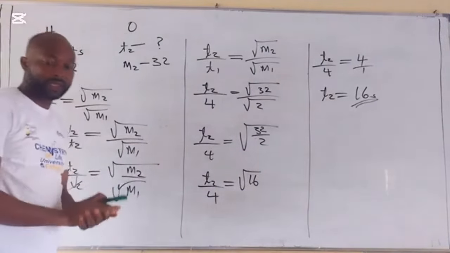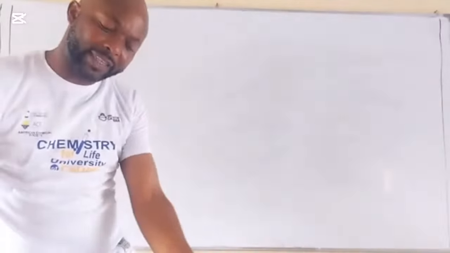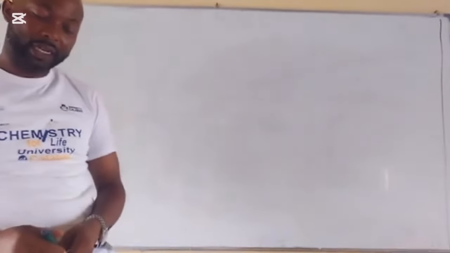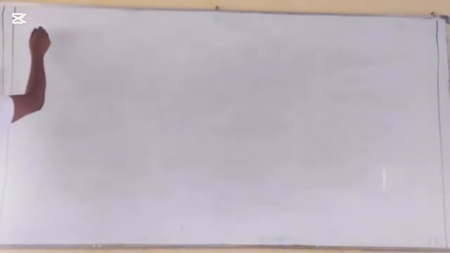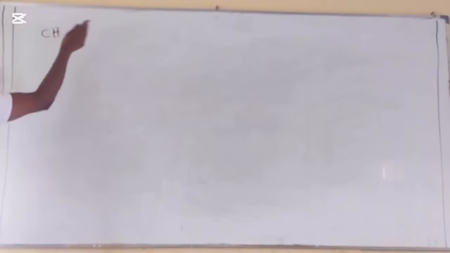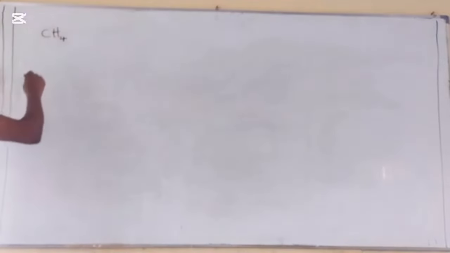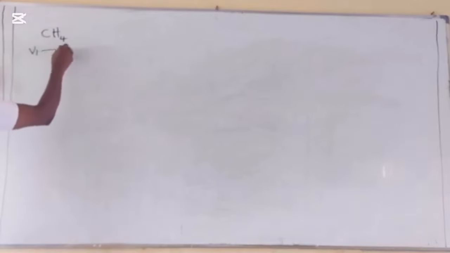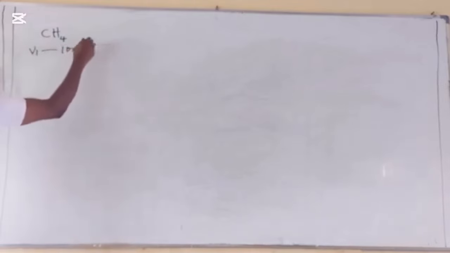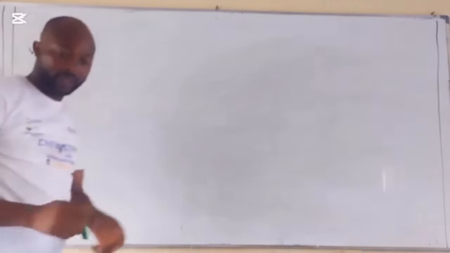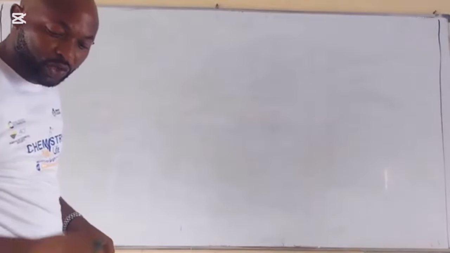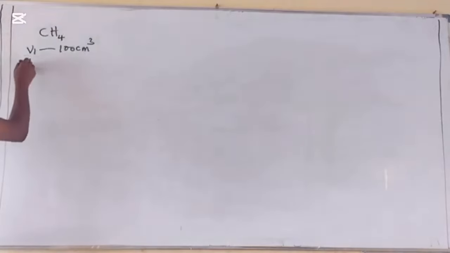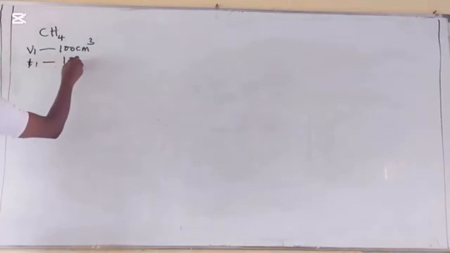So that is that. Next: if 100 cm cube of methane, CH4, is the first gas, so our V1 is 100 cm cube, and it takes 1.0 seconds to diffuse through a porous pot, so T1 is 1.0 seconds.